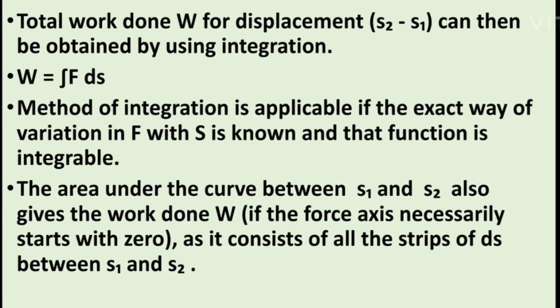The area under the curve between S1 and S2 also gives the work done W if the force axis necessarily starts with 0, as it consists of all the strips of ds between S1 and S2.